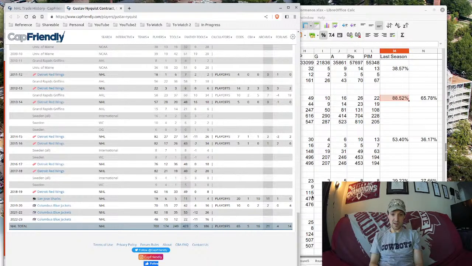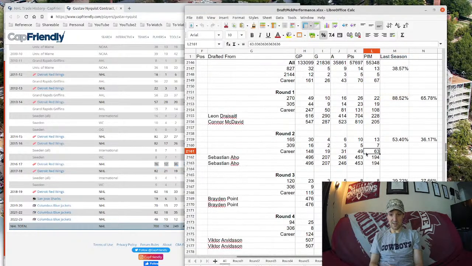Where is the approximate thing here? So we'll use this season as a reference point. So approximately 5 goals, 11 assists, 16 points.